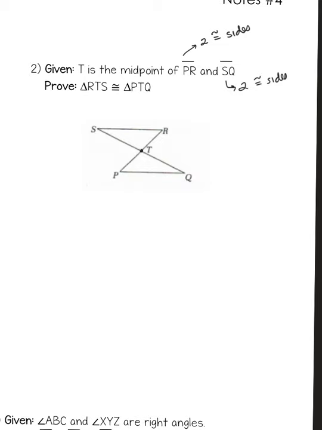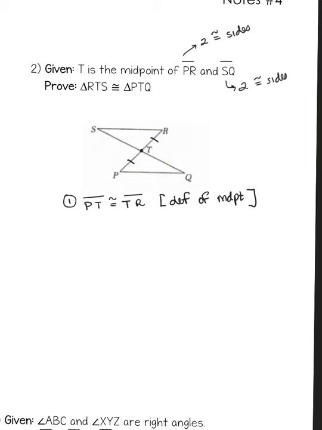If T is the midpoint of PR, that means PR is being cut in half. So I can say that PT is congruent to TR. And I am allowed to say that. I knew I could draw that on my diagram because of the definition of midpoint.